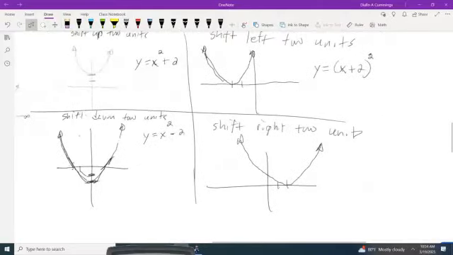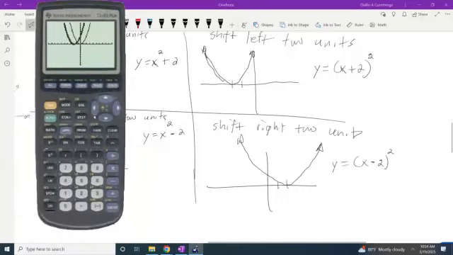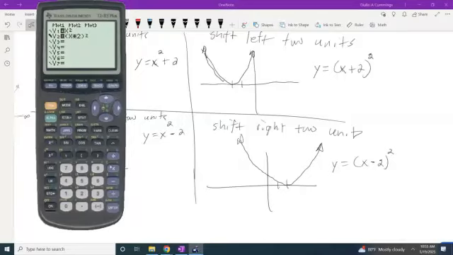So in order to shift this to the right, we're going to write this out as y is equal to (x minus 2) quantity squared. So I'm going to go to y equals, I'm going to go to y sub 2 and just change that plus to a minus. And you should see the graph shift to the right 2 units.